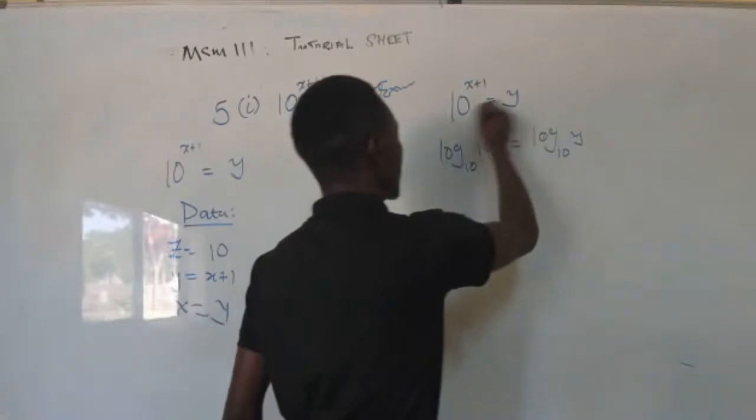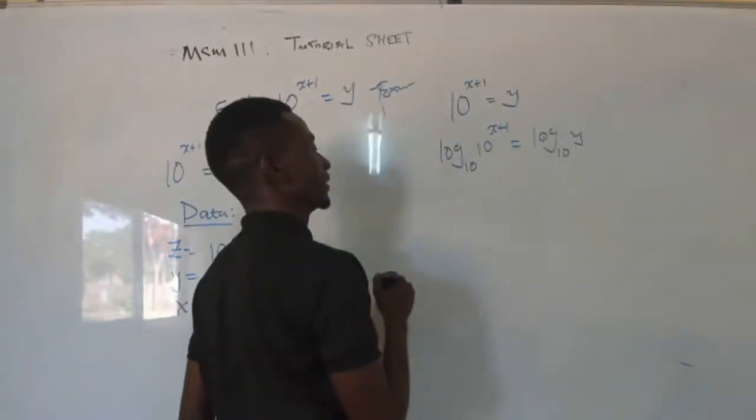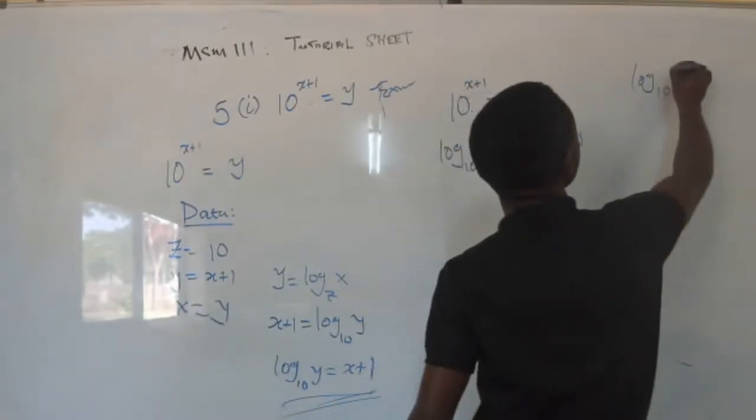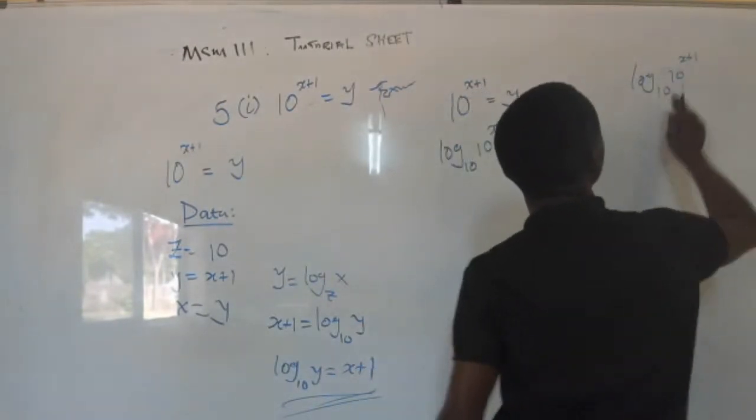So now, let's deal with the left-hand side. We have log 10 to the power x plus 1.